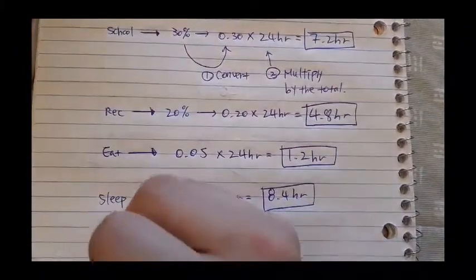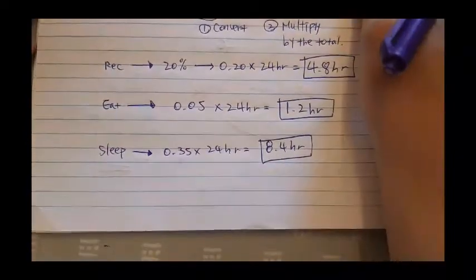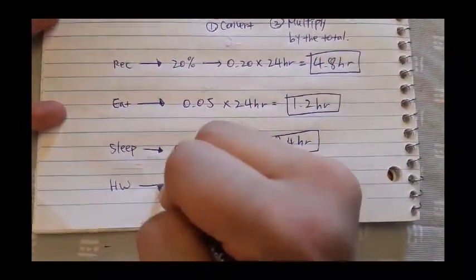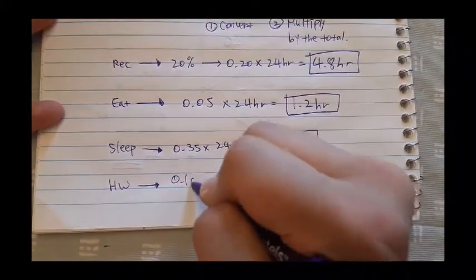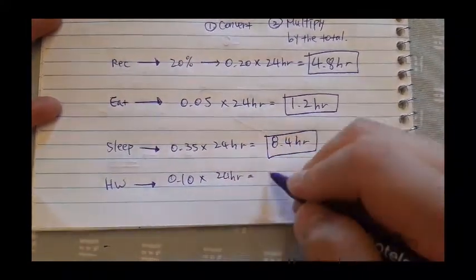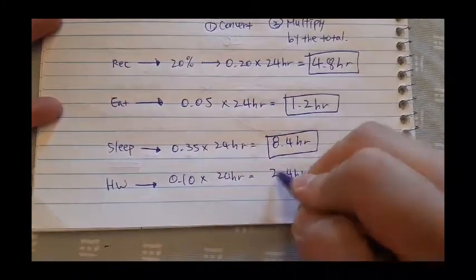And the last one is, I'm missing something. Oh, homework. 10%, so 0.10, 24 hours, so it's 2.4 hours.